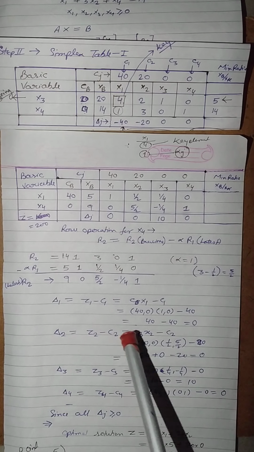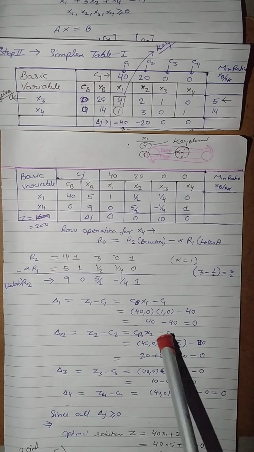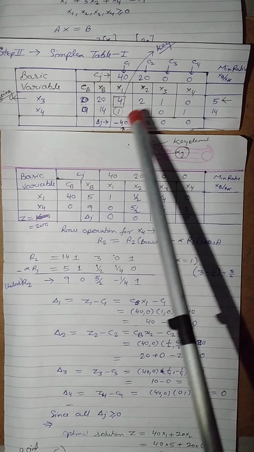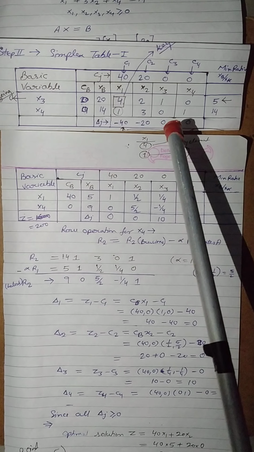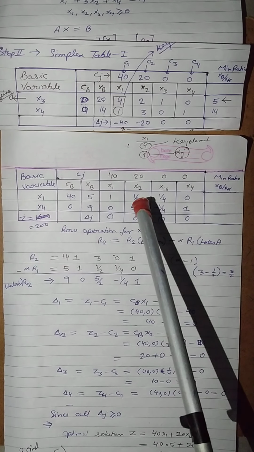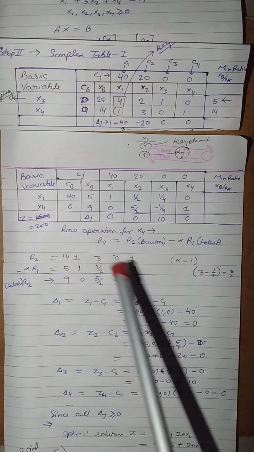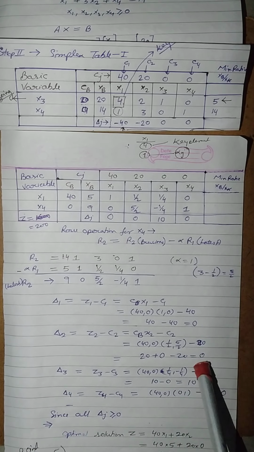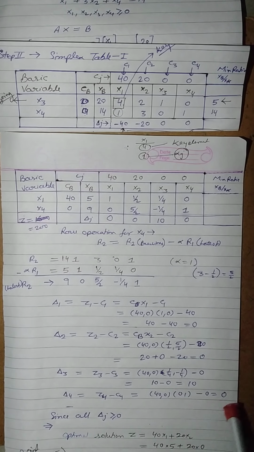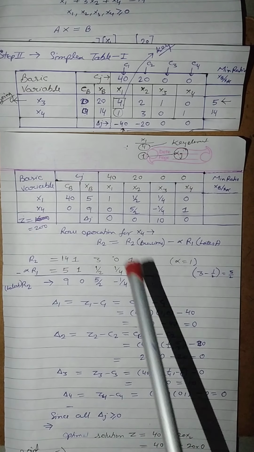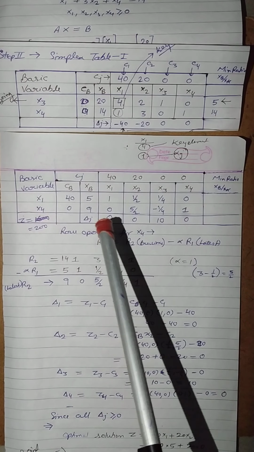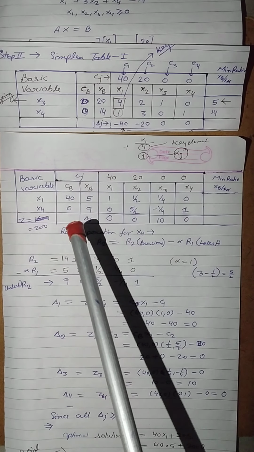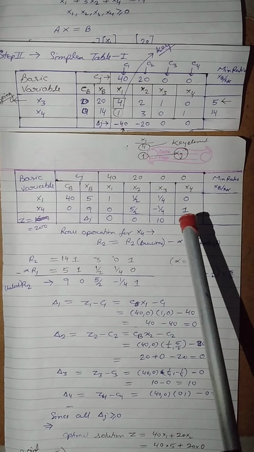Again delta 2 equals z2 minus c2, with cb 40 and 0 and x2 is 1 upon 2, 5 upon 2, minus 20. The resultant is 0. Similarly delta 3 is 0 and delta 4 is 0, and we have all the delta j greater than or equal to 0. This implies the solution is optimal.